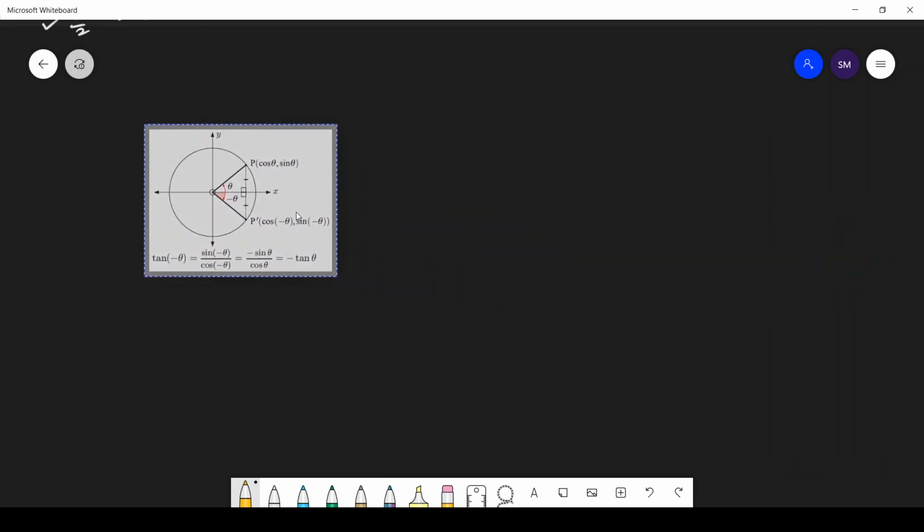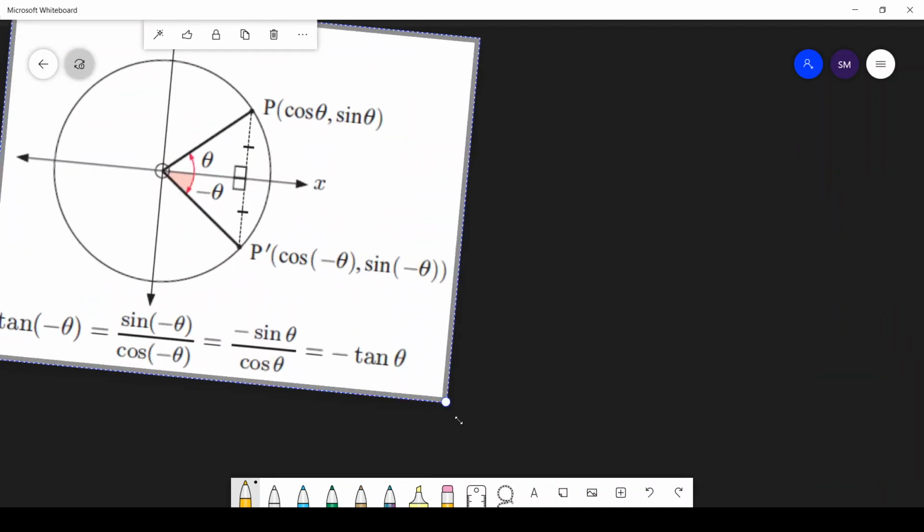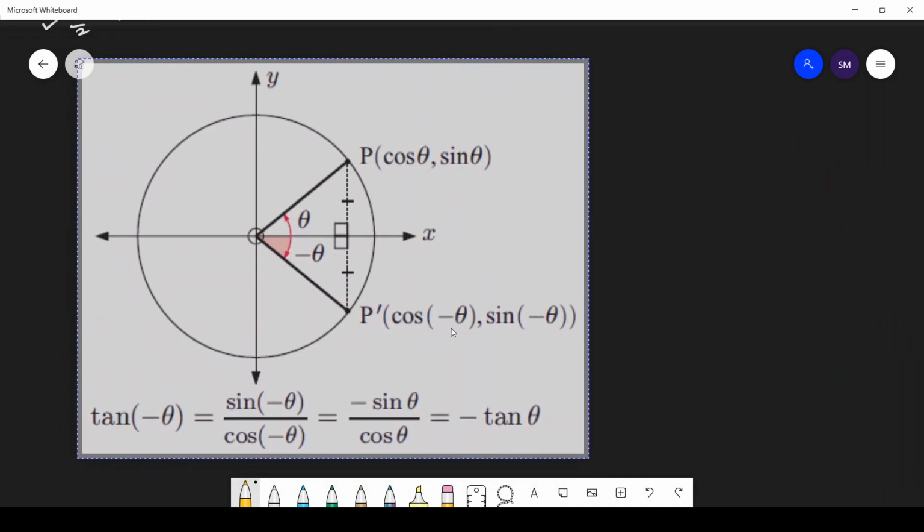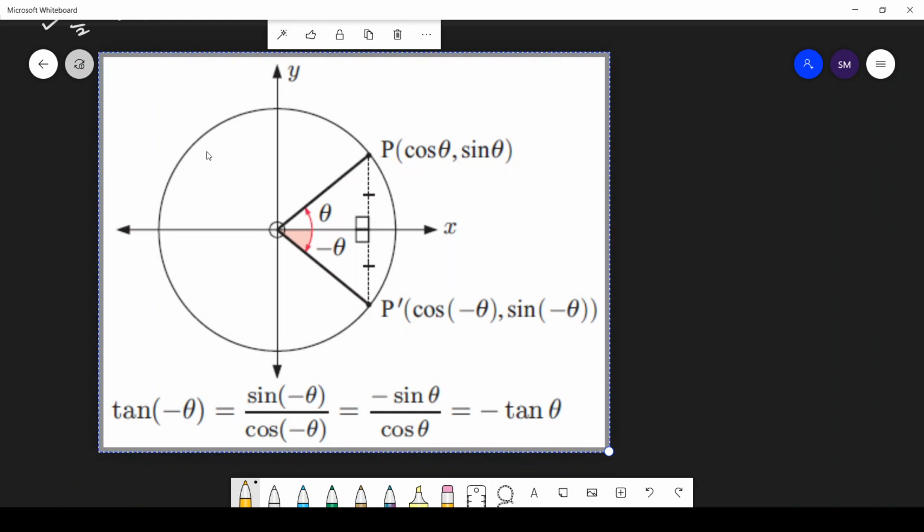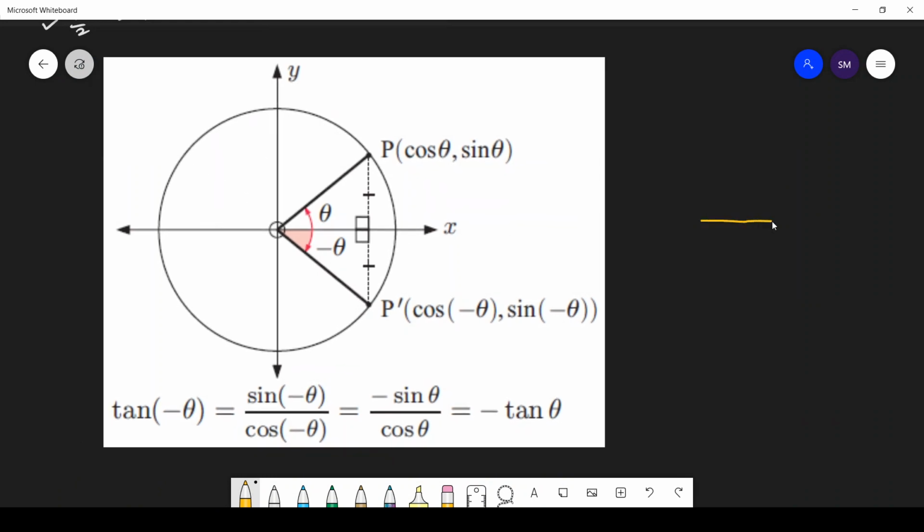Now, as we know, if I have this initial arm over here, and if I rotate this initial arm in the anti-clockwise direction, then the angle is plus theta. But if I rotate this arm in the clockwise direction, students, then this will be minus theta. Okay?